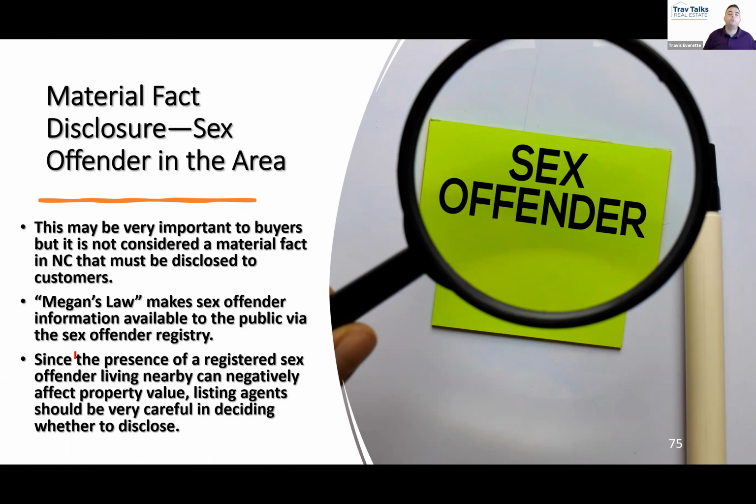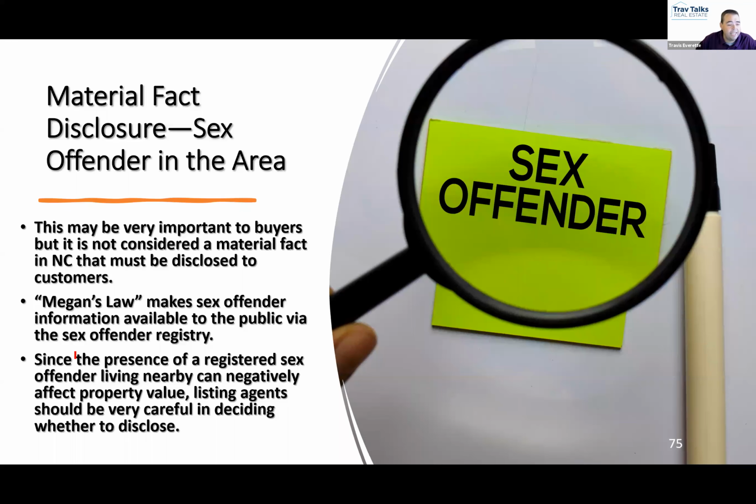If we are talking to a customer, somebody we don't represent, we do not owe them disclosure of the information that there is a registered sex offender either living on the property or even near the property. That is not a material fact.